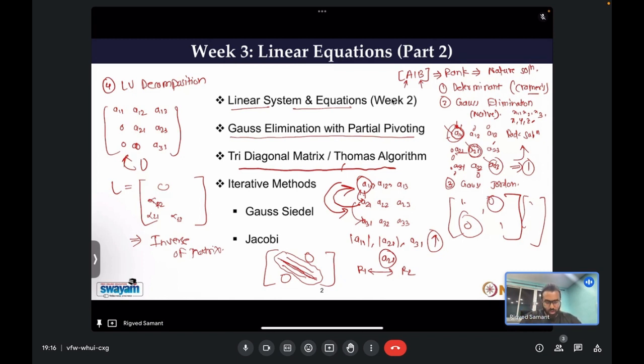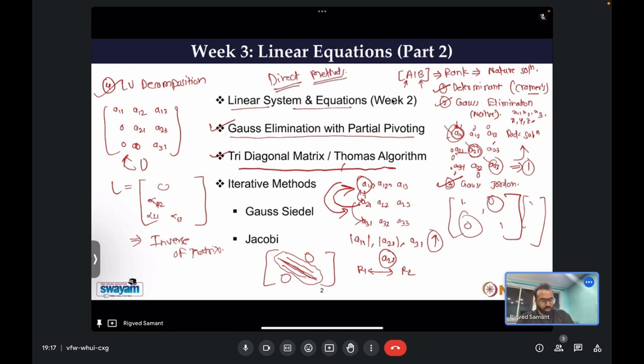Then Gauss elimination, Cramer's rule, the Gauss-Jordan method, LU decomposition, and even your Thomas algorithm and Gauss elimination without partial pivoting are all direct methods. Here you are not iterating on the solution.